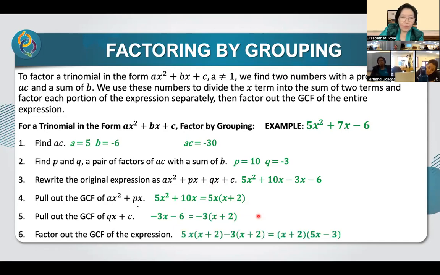Then we factor out the GCF of that expression. In other words, I put this together: 5x times x plus 2 minus 3 times x plus 2. The common factor is x plus 2. If I factor that out, I will now have 5x minus 3. So our factors for 5x squared plus 7x minus 6 will be x plus 2, 5x minus 3.